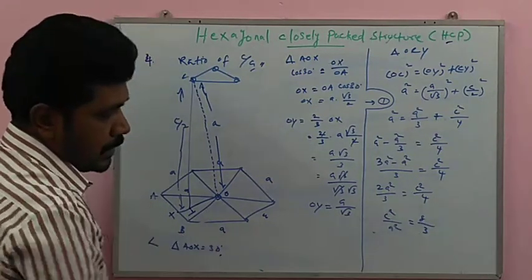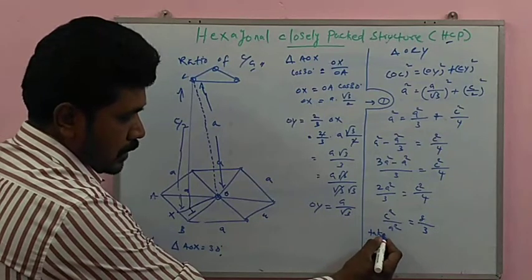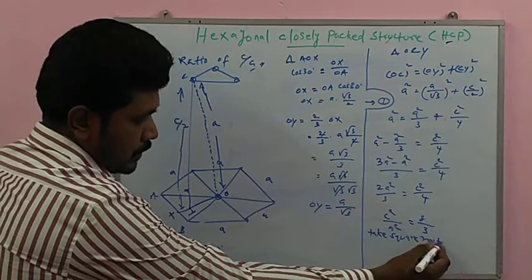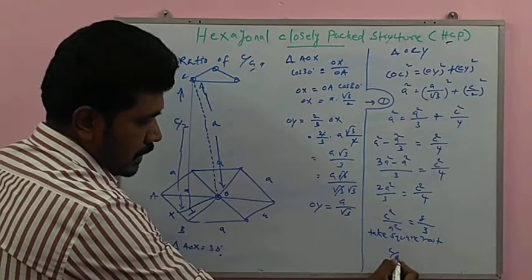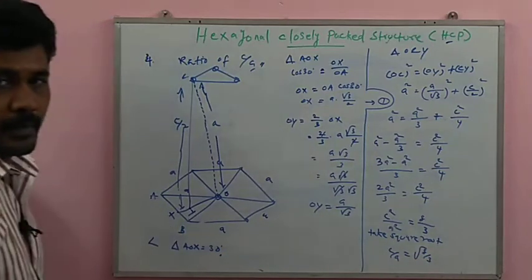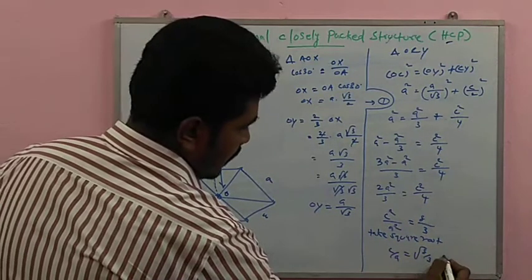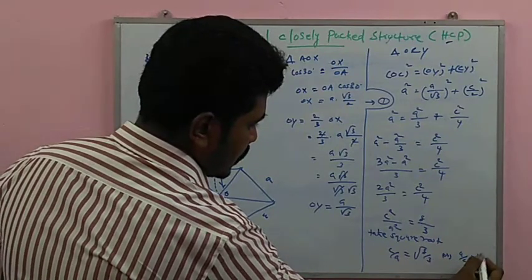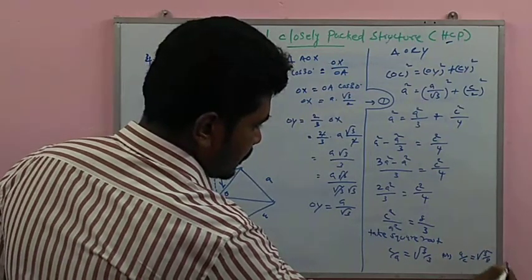Take the square root. The answer is C by A equal to root 8 by 3, or A by C is equal to root 3 by 8.